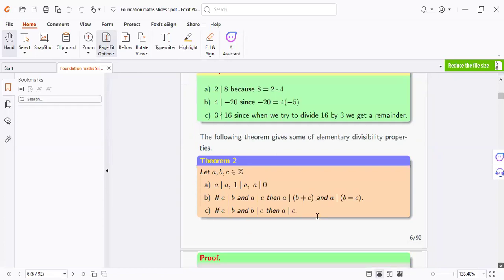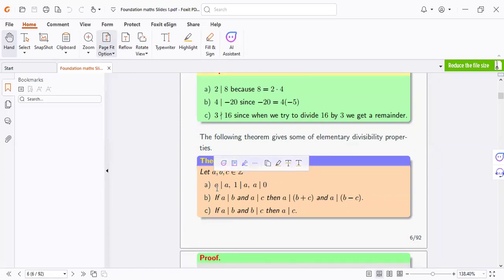So the theorem here says, let A, B, and C be integers. I'd already defined this symbol to mean belongs to. So let A, B, and C belong to the set of integers.